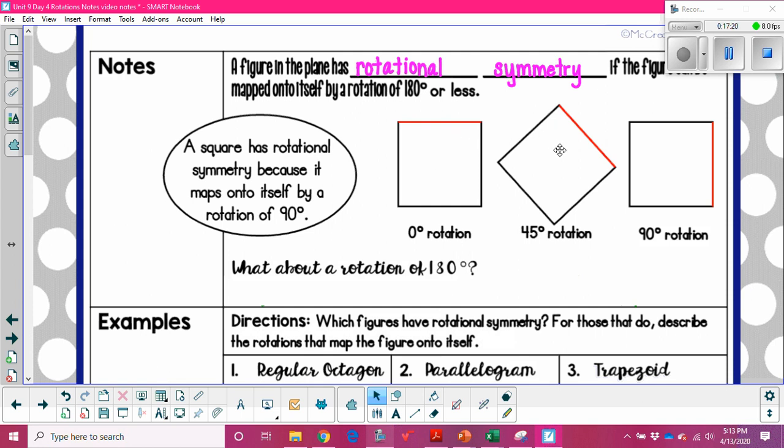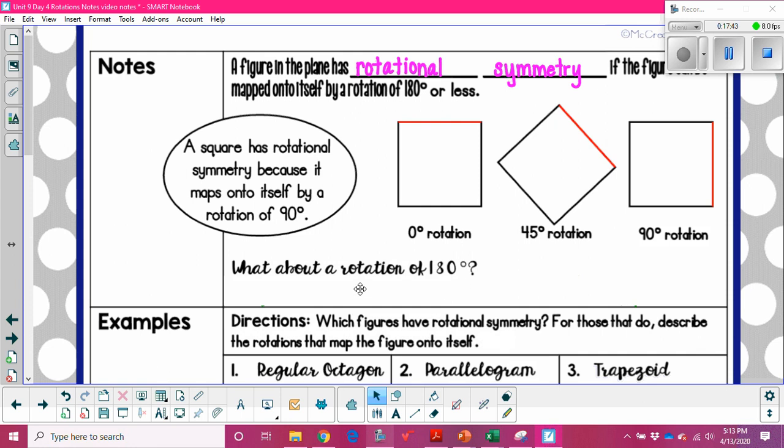Then we turn it 45 degrees. It doesn't look like it did in the beginning, so it does not have rotational symmetry of 45 degrees. But when we turn it a complete 90 degrees, it does look like it did in the beginning. So it has rotational symmetry of 90 degrees because it maps onto itself by a rotation of 90 degrees.